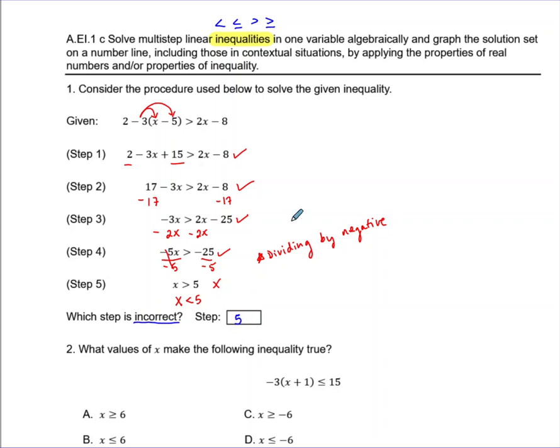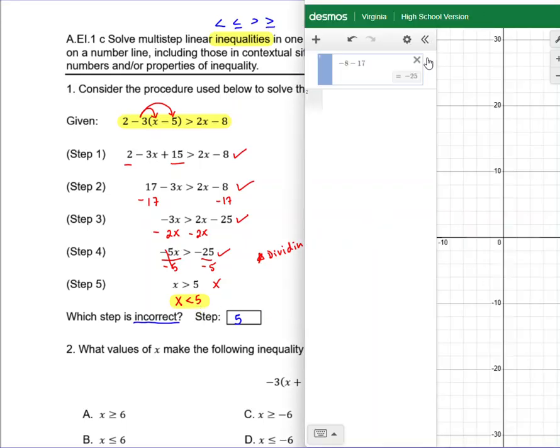I do want to take a moment to look at how this is the right answer. We can do this using Desmos. Let me bring up Desmos. I'm going to copy the whole thing down and see if it graphs.